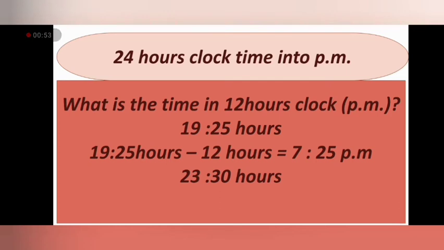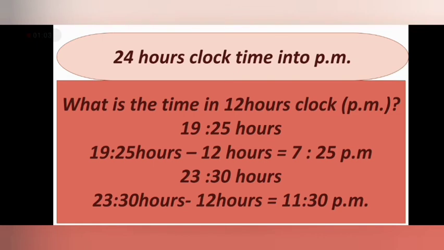And in the next example, 23:30 hours, we have to subtract 12 hours, then we will get 11:30 p.m. Now let's see these examples.